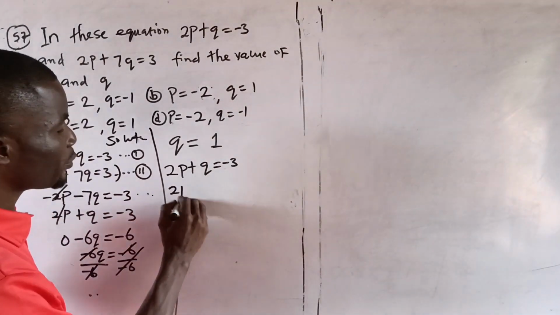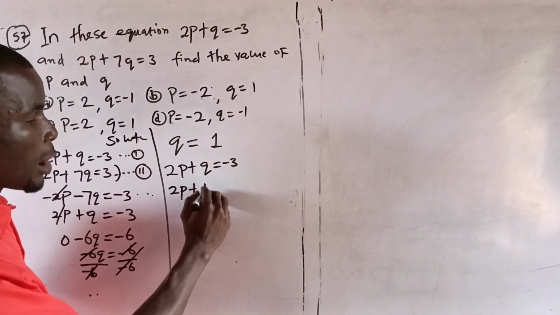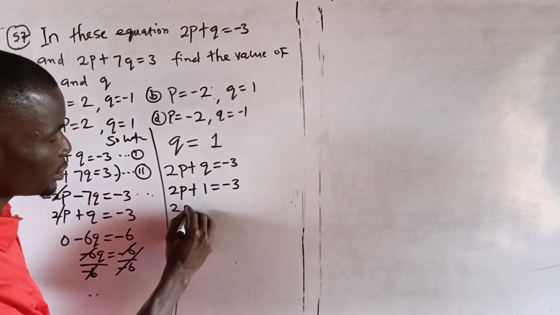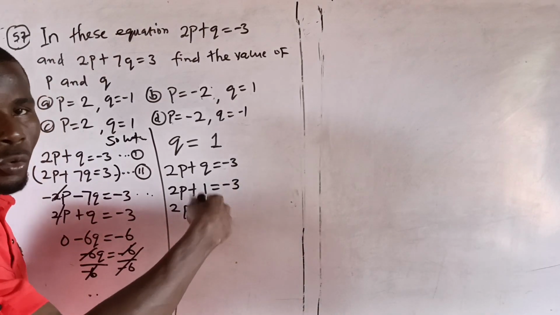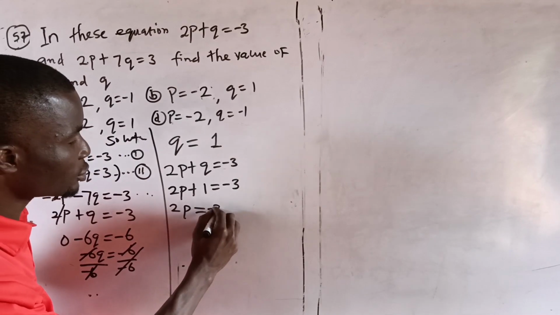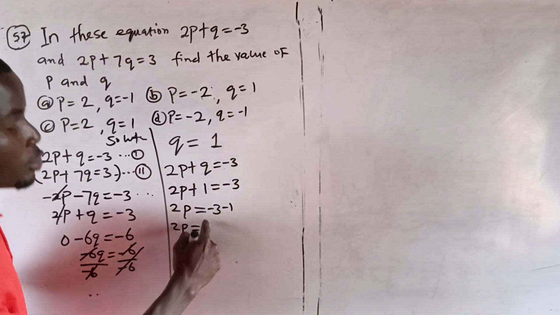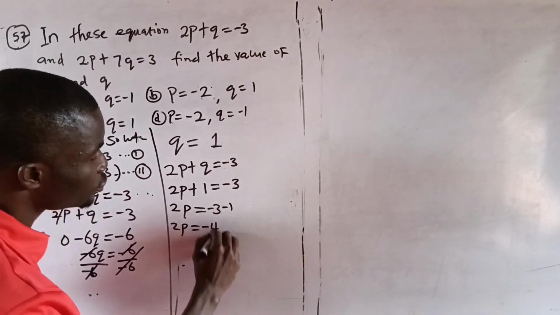So we have 2p plus, so q is 1 equals to minus 3. So we have 2p. So we are taking this plus 1 to this side and it will turn to minus 1. So 2p is equals to minus 3 minus 1. What do you have? You have minus 4.